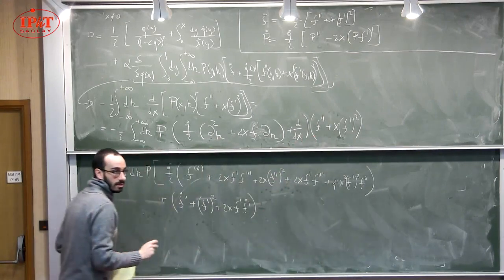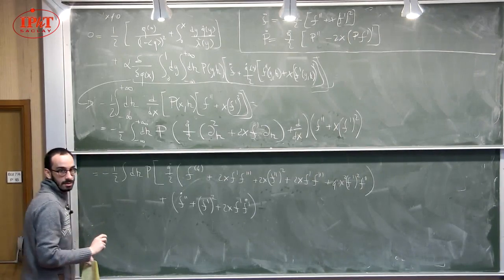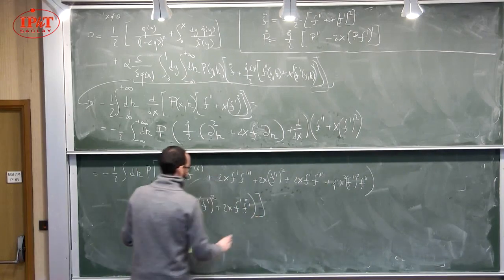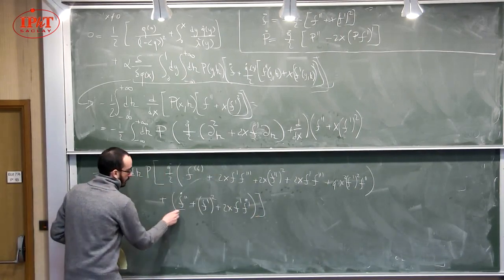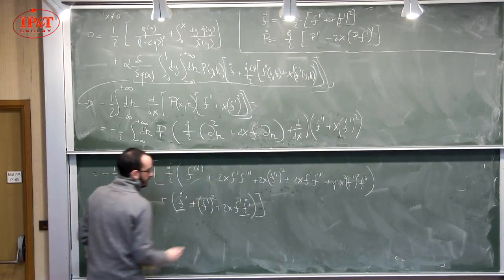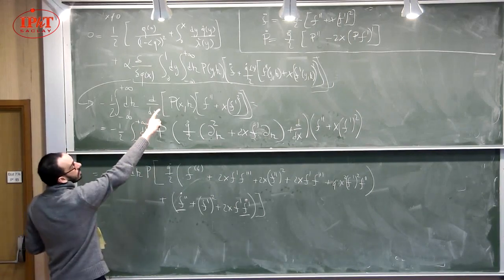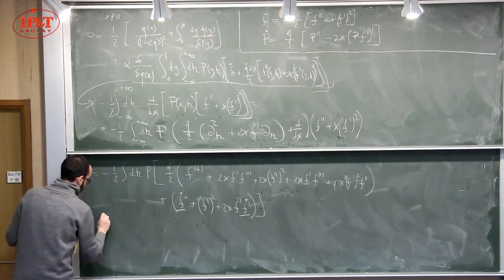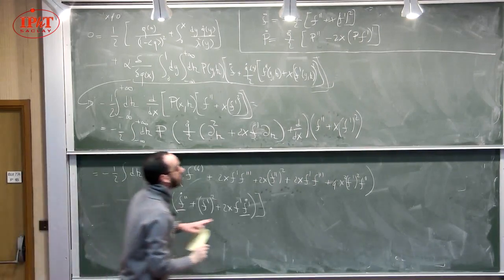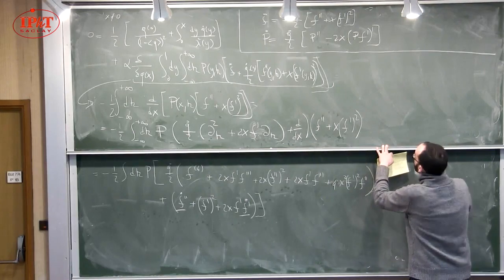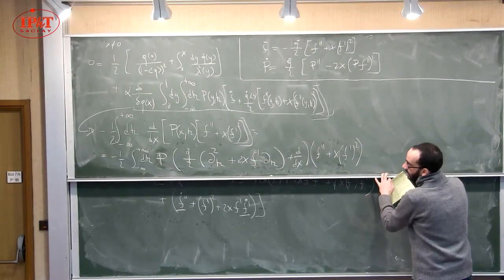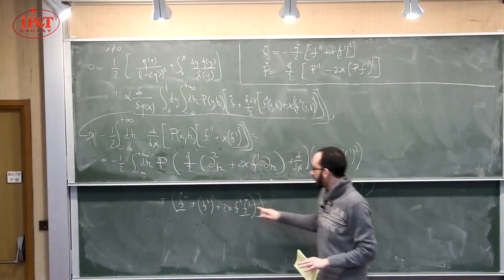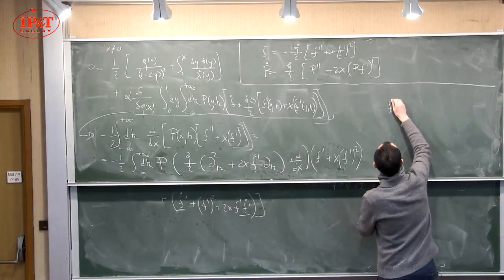Is it okay? Okay. And now we can use the flow equation for this term and this term. So we can take derivatives of the flow equation for f. So let me do it here. Okay, so we need the second derivative with respect to h and the first derivative. So we start from the flow equation.